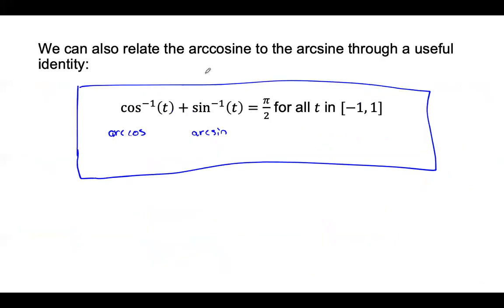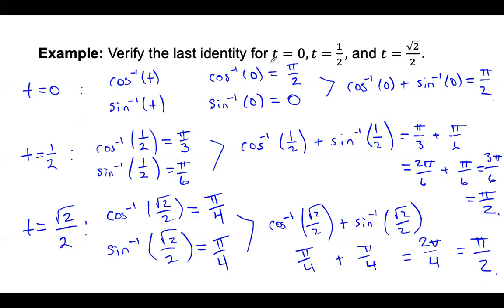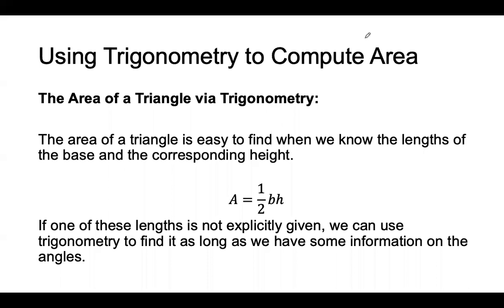Therefore, this identity holds for these t values between -1 and 1. So we just verified some examples. It's not a proof, but it helps us understand the identity.